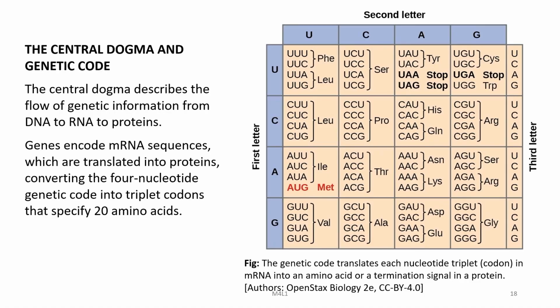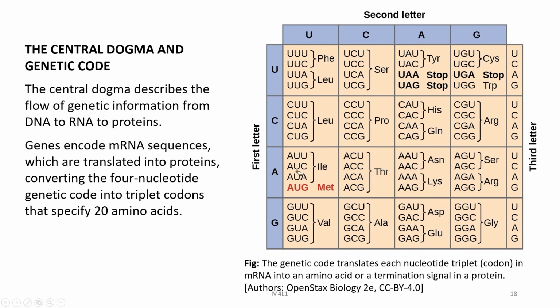But if, for example, the third place is changed, in this case to A or G, it will represent leucine. But in certain other cases, all the combinations available in the third place, U, C, A, G, may represent a single amino acid.